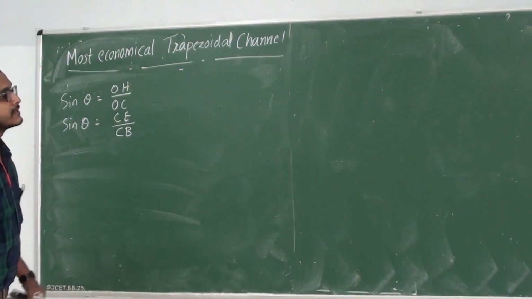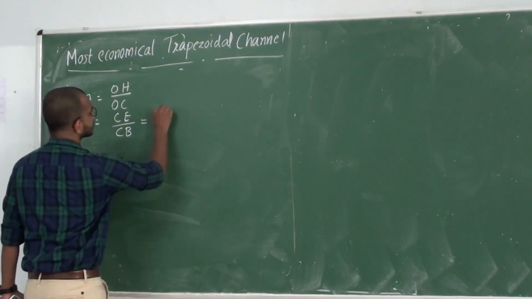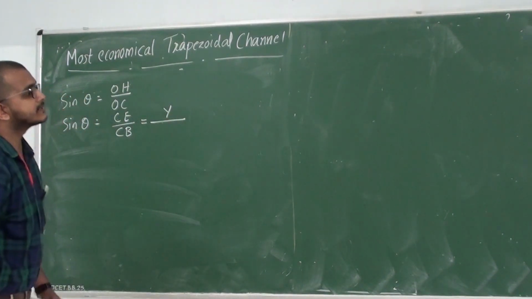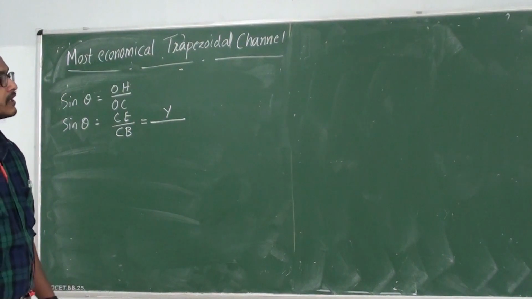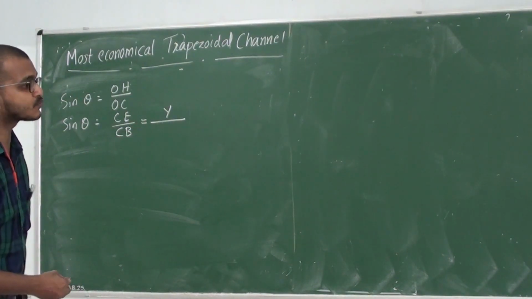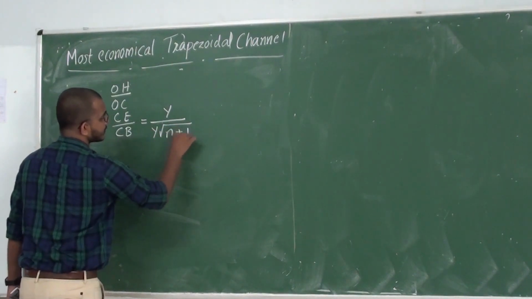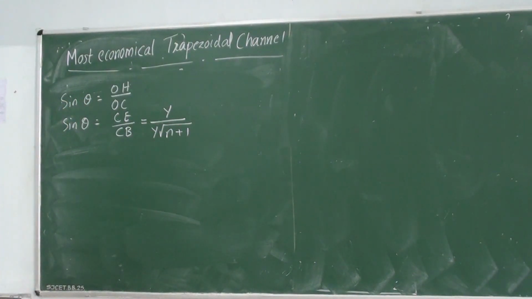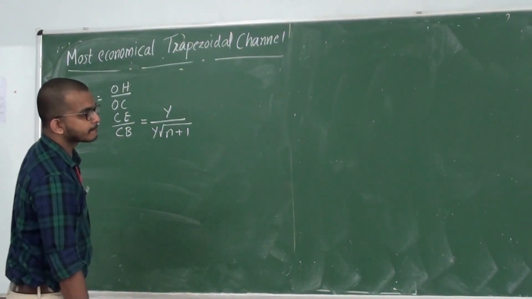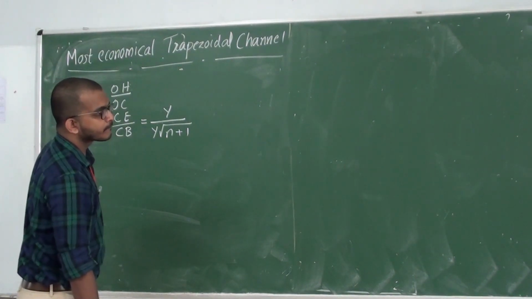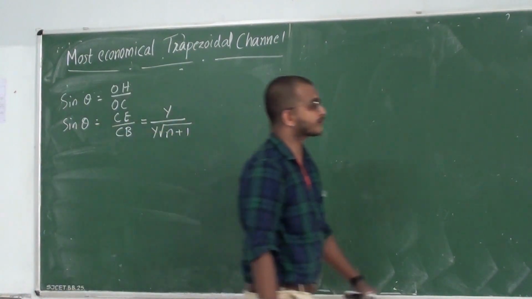So we know that C is nothing but the depth of flow y, and CB is the sloping side. The length of the sloping side is already shown there, that is y into square root of n square plus 1.